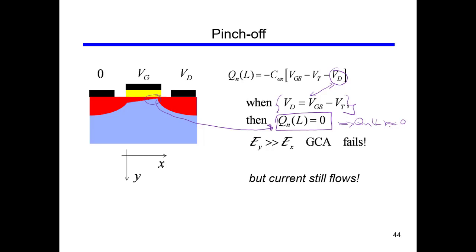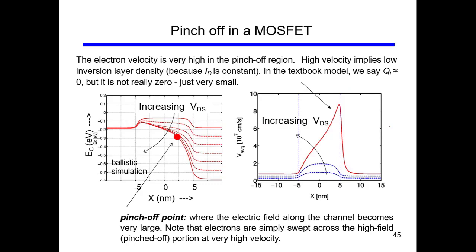We still have the current flowing, because the current should remain constant along the whole channel. You cannot have a discontinuous current. That's why this point is confusing, that the charge is zero but the current is not zero. We had a discussion on why this is the case, and we explained it from energy band diagrams.